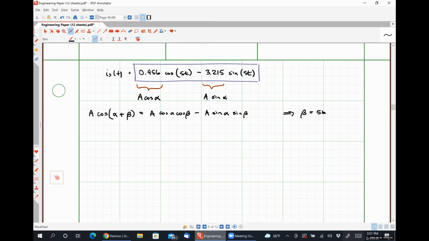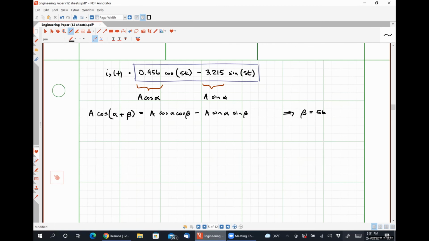All right, so let's figure some stuff out, right? We have two unknown quantities, A, the magnitude of our resultant, and alpha, which is the phase angle of our resultant.